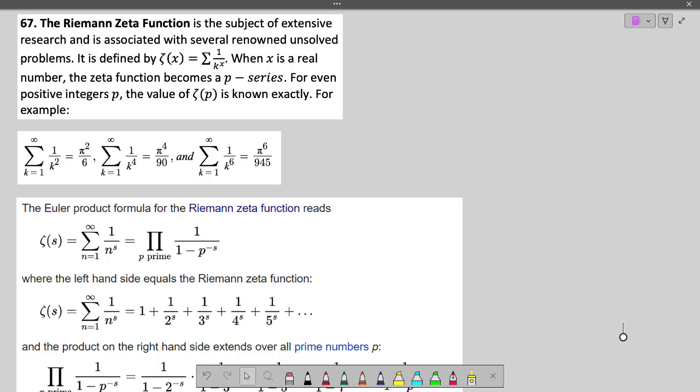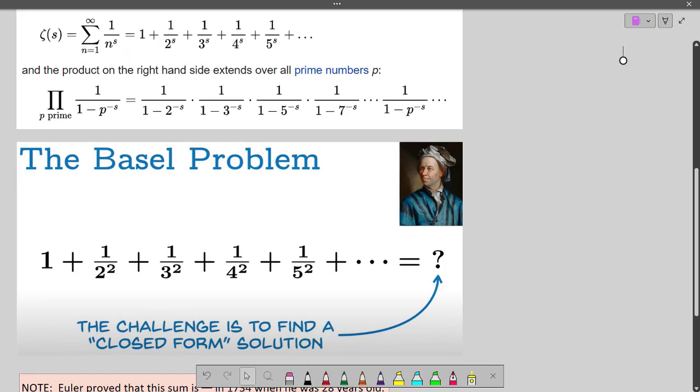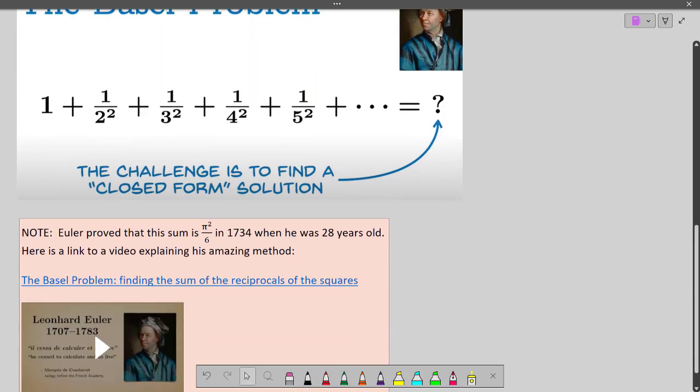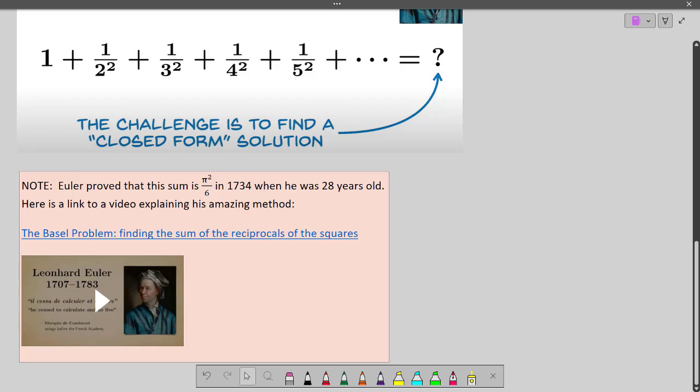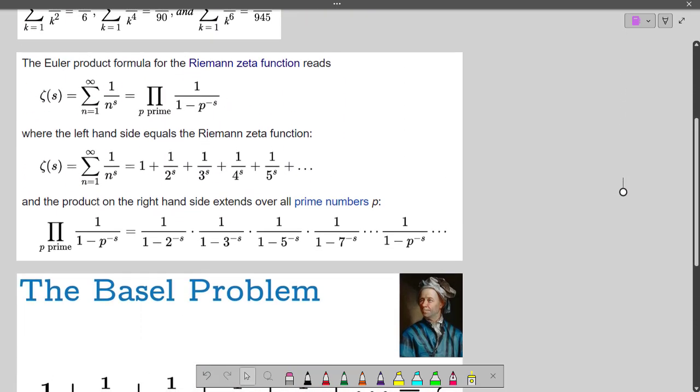This particular one, 1 over k squared, is called the Basel problem, and you should watch that video. It's a really cool rendition of how Euler came up with pi squared over 6 as this particular sum. Super interesting how he did it.